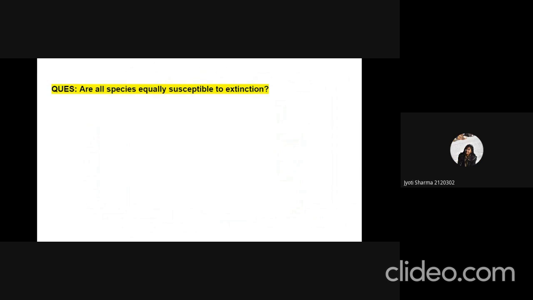Exactly. And we can also say that if the population size of one species is large and another species' population size is very low, then the species with the low population size will go extinct faster compared to the species with the higher population size.